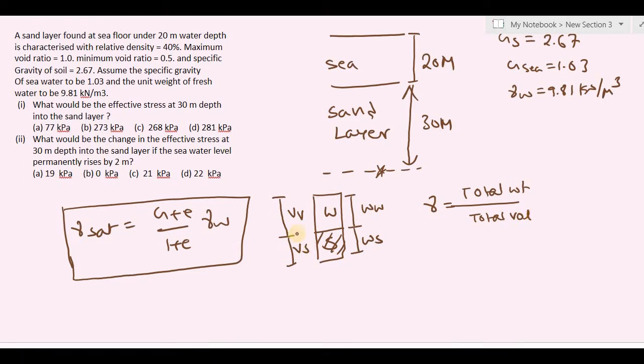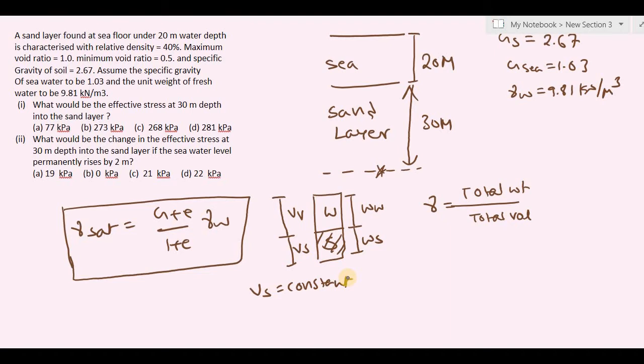In deriving this formula, Vs is always constant. Whether it is saturated or dry, the soil solids remain the same. Only the substance in the voids will vary. If there is water, water can evaporate, but the soil solids remain the same.